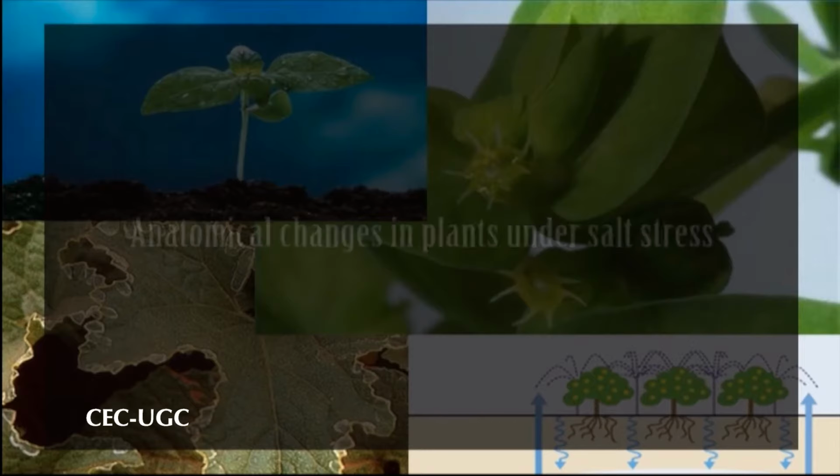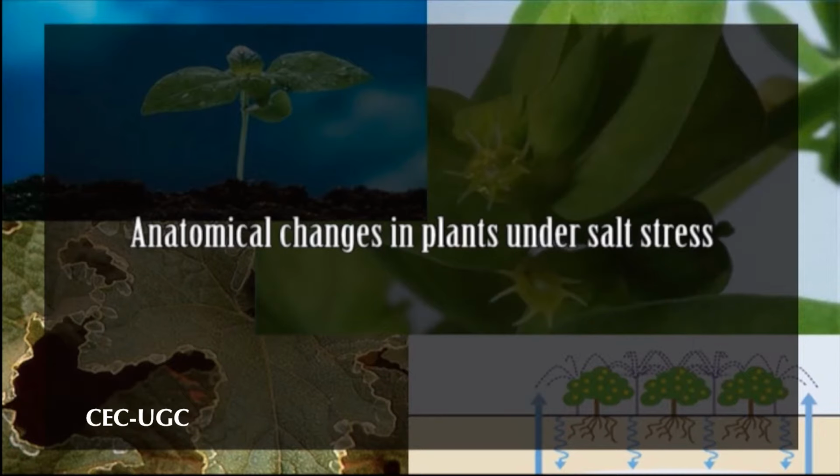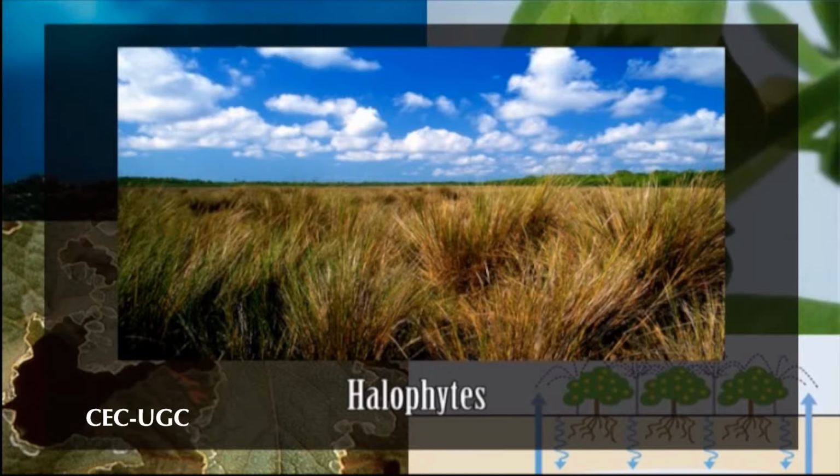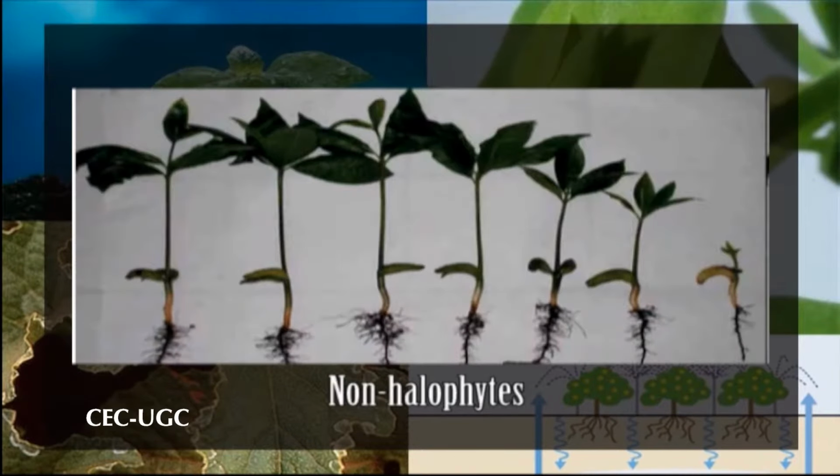Now, we will discuss anatomical changes in plants under salt stress. Both halophytes and non-halophytes exhibit remarkable anatomical changes when exposed to elevated levels of salt. However, the most conspicuous changes occur in leaves.